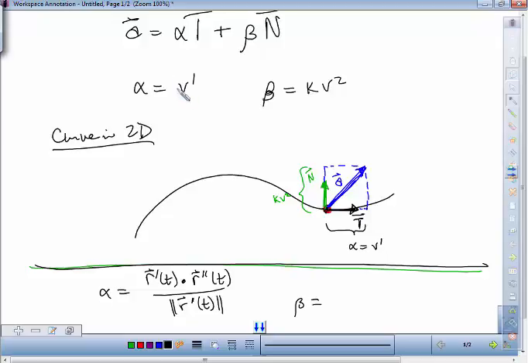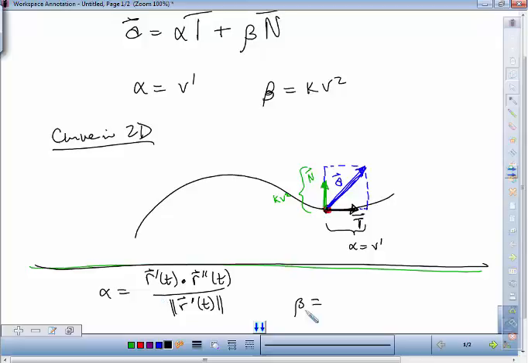Except when we actually try doing the problems, it might get a little complicated. But now we have everything in terms of r primes and r double primes and magnitudes. So I think it'll be an easier formula to remember.